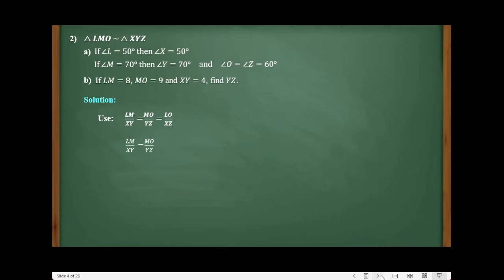Then, taking only two of those three ratios, particularly these two, since this is where we are going to work, we substitute the value of some of those segments here. So, LM is 8, XY is 4, and MO is 9.